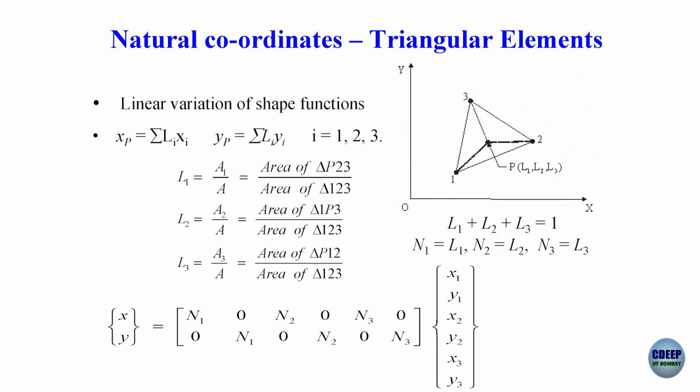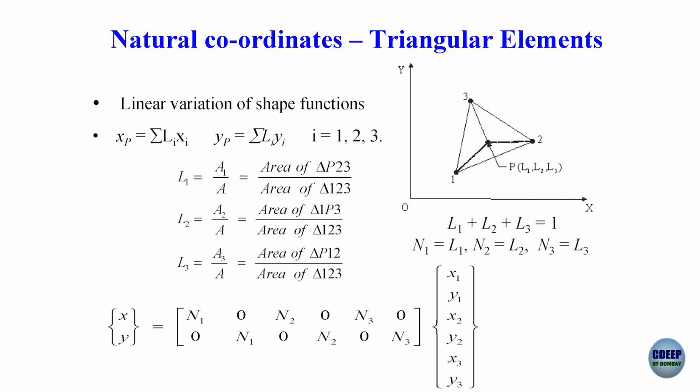If you look at triangular elements, the natural coordinates are defined slightly differently, because the reason why we are defining the natural coordinates in a particular way is to gain some advantage in terms of the computations. The natural coordinates in quadrilateral elements were defined to be over a perfect square of size 2 by 2.